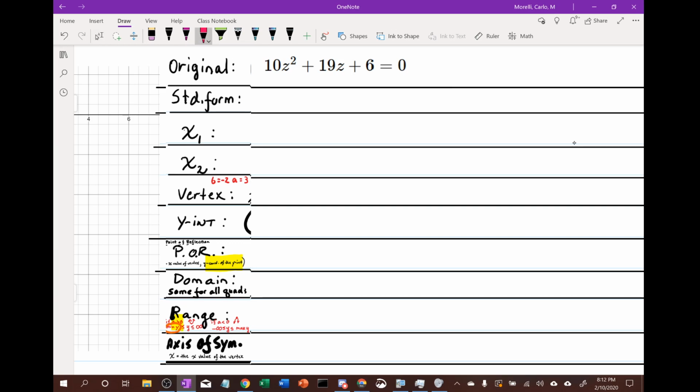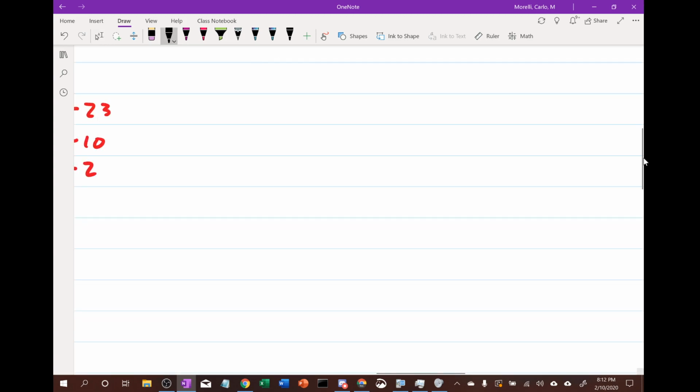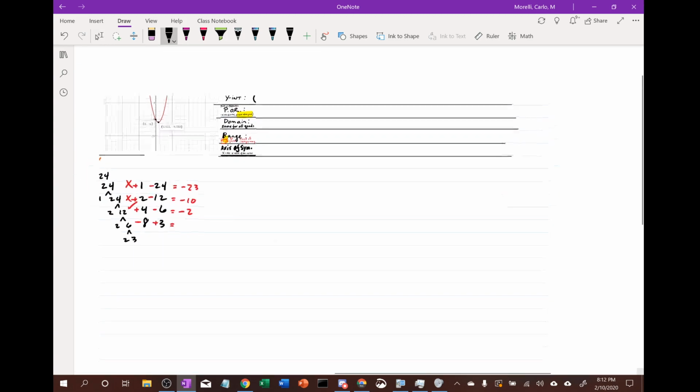Can you please tell me what A equals? 10, B is 19. I can't see because of the live stream. C is 6.